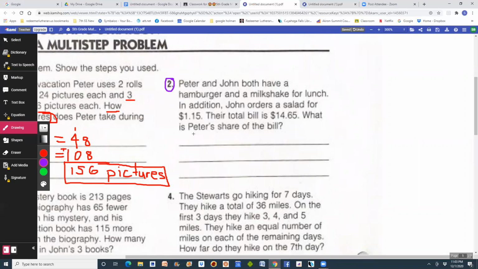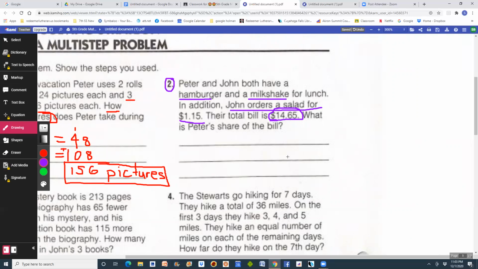What is Peter's share of the bill? Now, probably you're going to need to look at that twice. Peter and John both have a hamburger and a milkshake for lunch. In addition, John orders a salad for $1.15. Their total bill is $14.65. What is Peter's share of the bill?